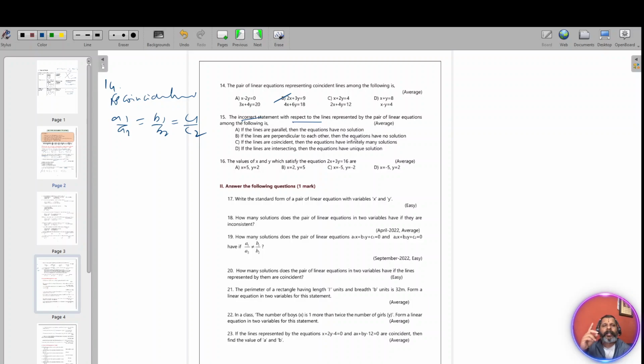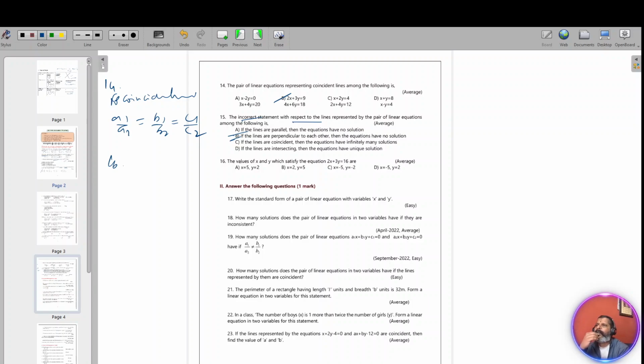Perpendicular lines means at least they'll touch at one point, right? Perpendicular means they have a solution. What is given is no solution, so it's not correct. I'm sorry, parallel lines, no solution, that's also a correct statement. This is the answer, B. Because perpendicular means they will intersect at one point, and intersecting at one point means that is the solution. But here they are given as no solutions. Okay.